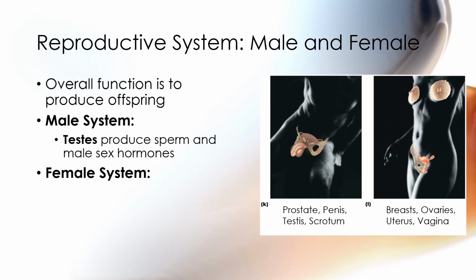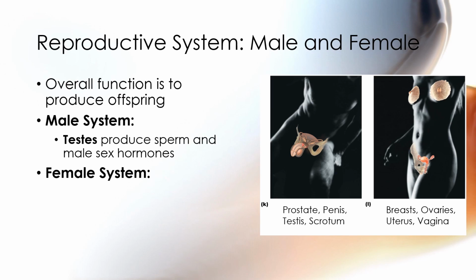So the male system contain testes, and testes are really the important sex organ because it produces sperm and the male sex hormones. Okay, so these systems are also part of the endocrine system. So you do get a little crossover here, and other systems as well. You'll see as we go that some organs might be part of multiple systems.